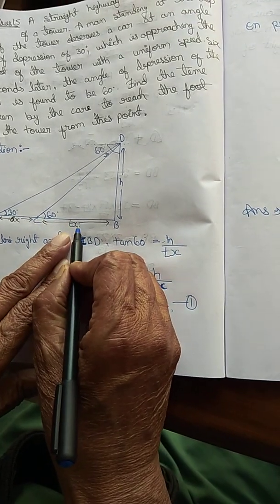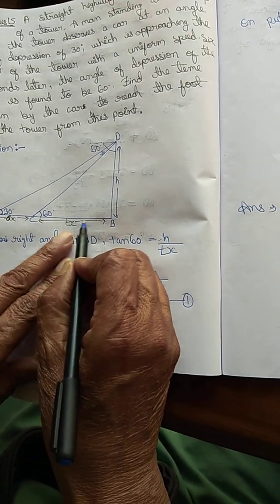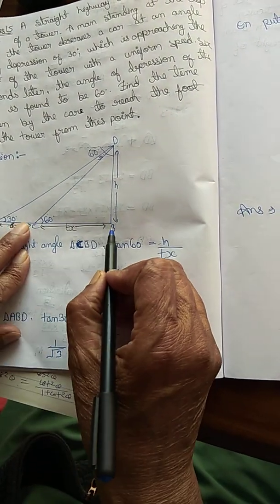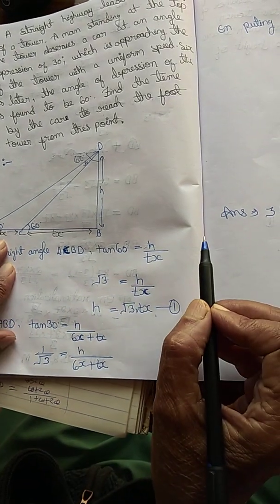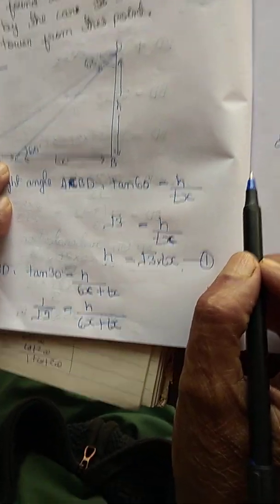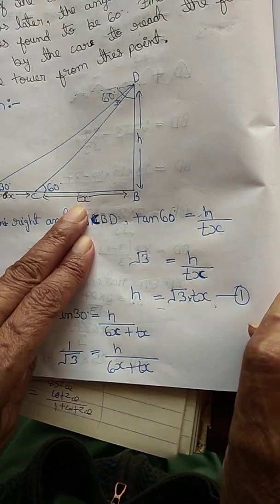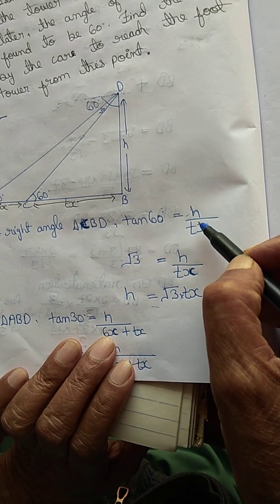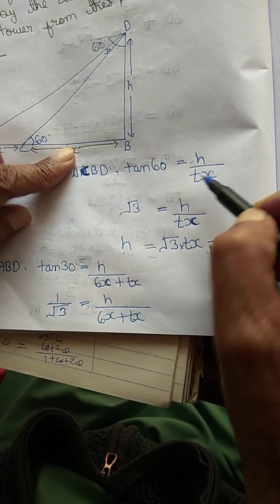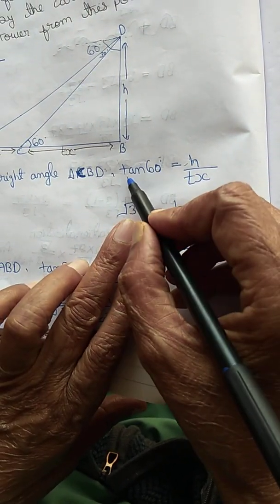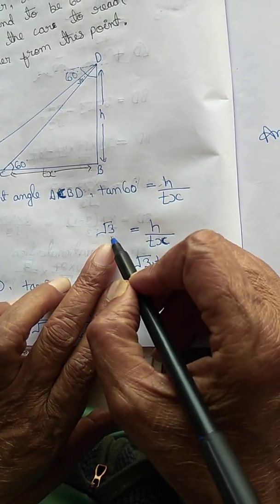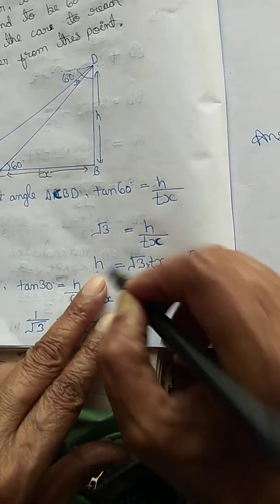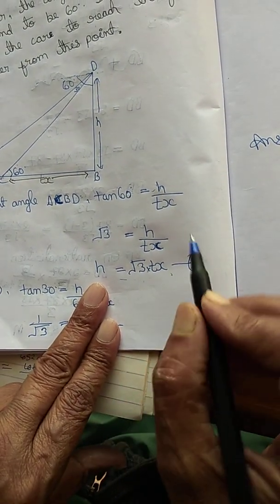So we have multiplied T with X, where X is the speed and T is the time. So CB becomes Tx. Here tan 60 value is root 3. Root 3 is equal to H upon Tx. H is equal to root 3 into Tx.